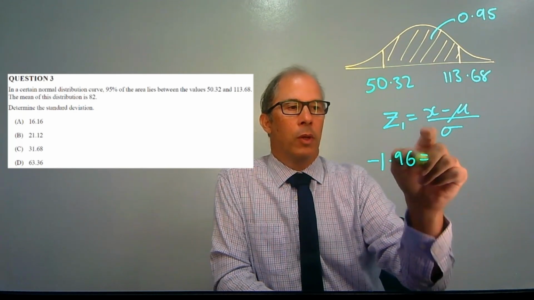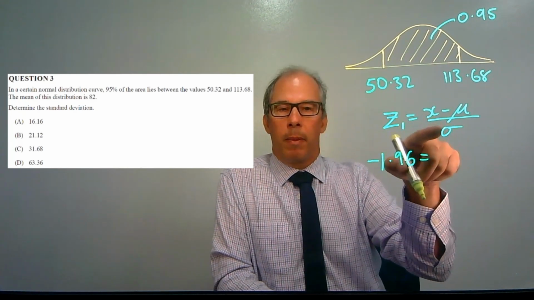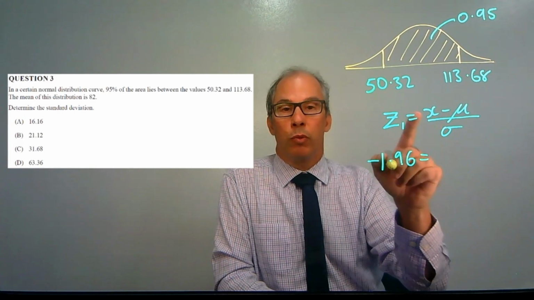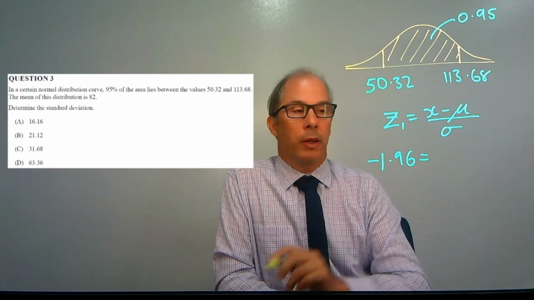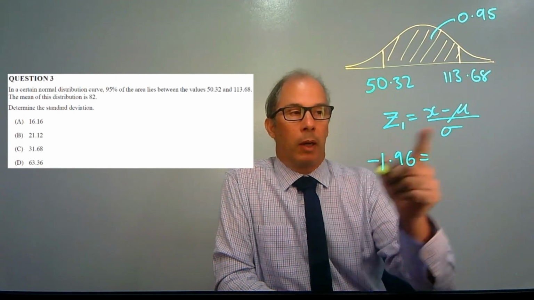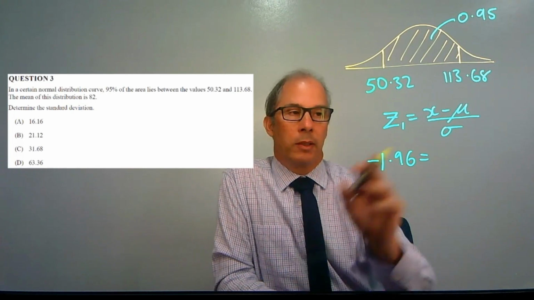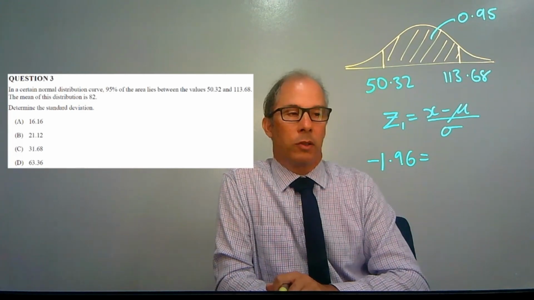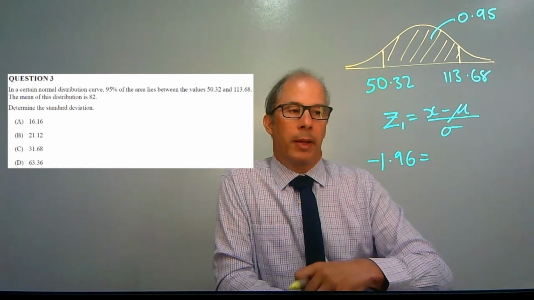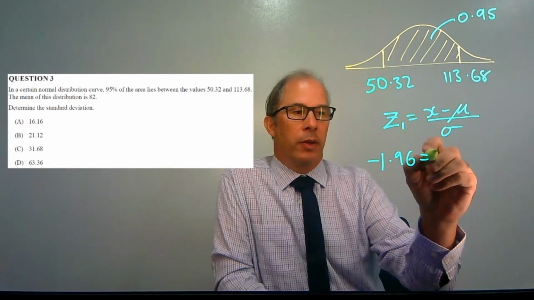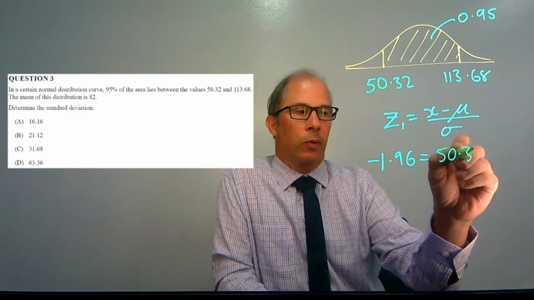the standardized Z-score. This is one of the formulas that's not on your formula sheet that you should remember for the external exam. There are about 5 different formulas, this being one of them, that are not on the formula sheet. Remember that. I know my x value is 50.32.